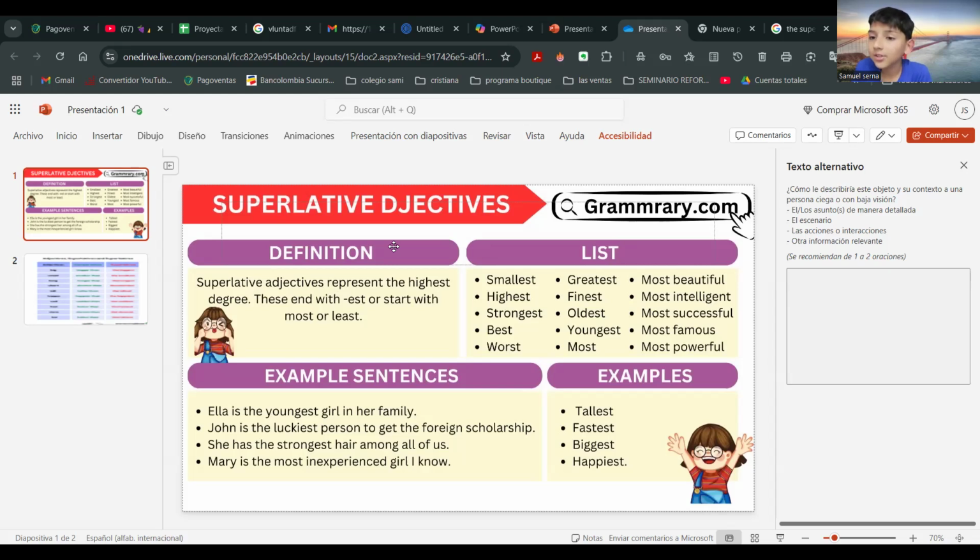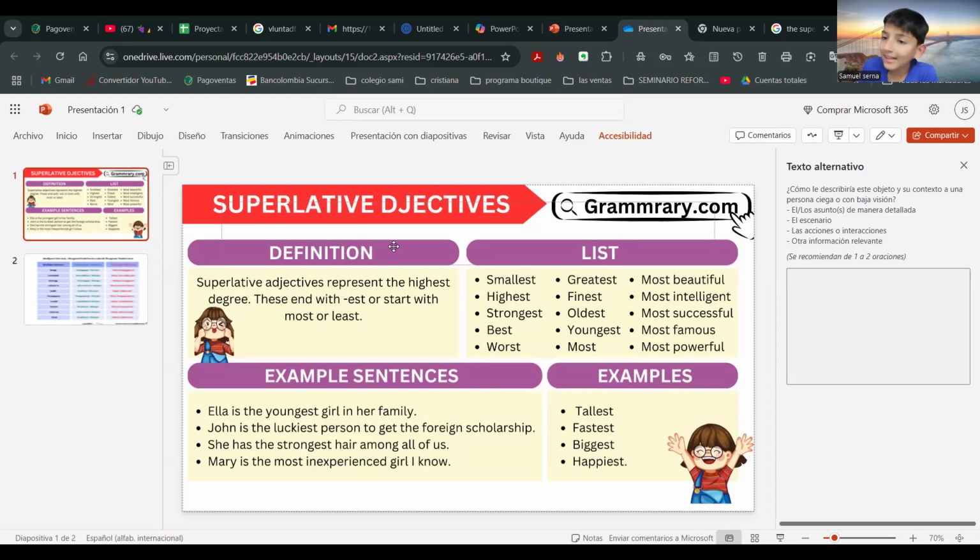I also say it in this word: he is the fastest. He is the fastest. You can look in Google for examples of sentences.